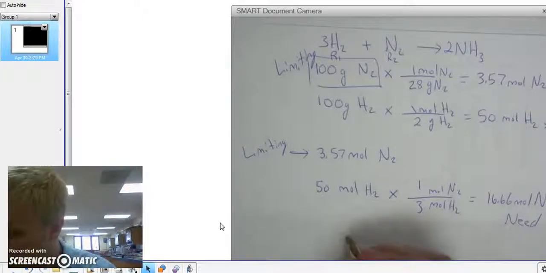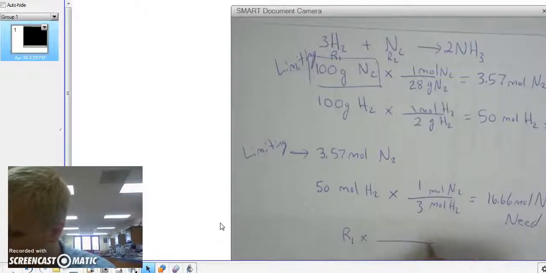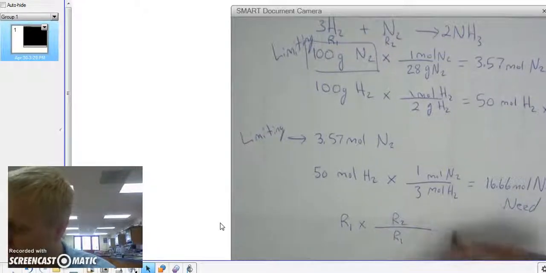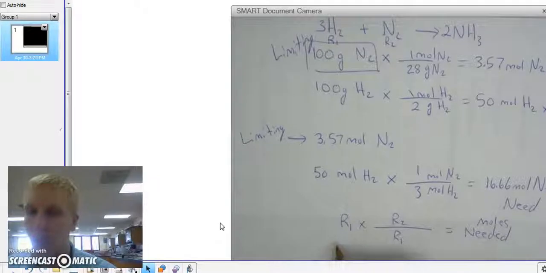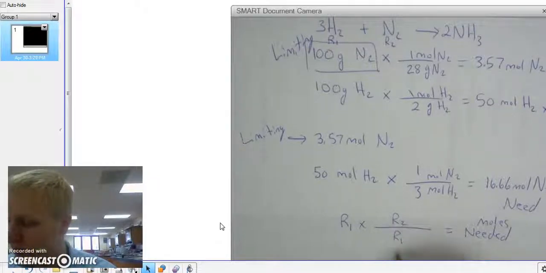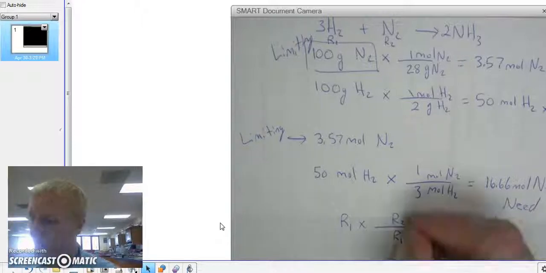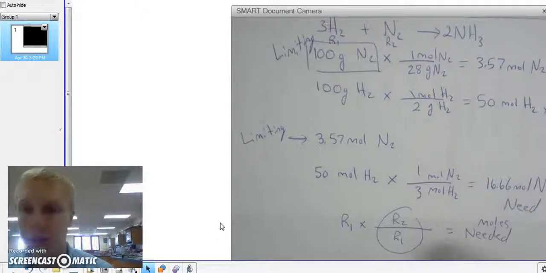Basically, the equation is moles of reactant 1 times moles of reactant 2 over moles of reactant 1 equals moles needed. And this comes from your balanced equation.